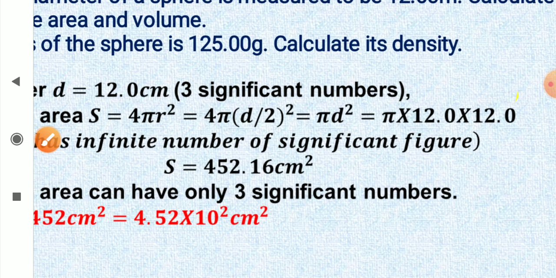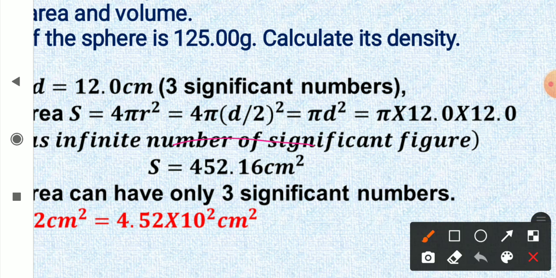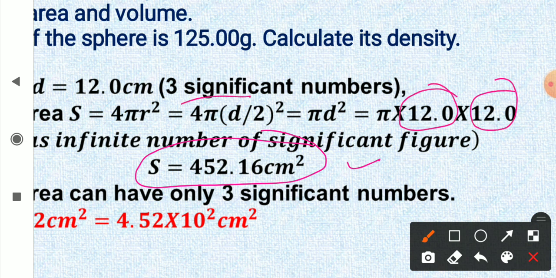And when you multiply it, the product comes out to be 452.16 square centimeter. But the number of significant figures here are 3 each in product. So the result can have only 3 significant figures.